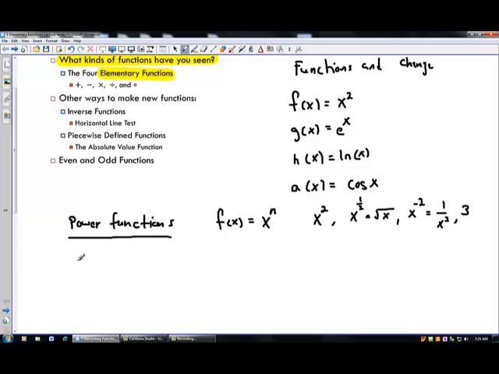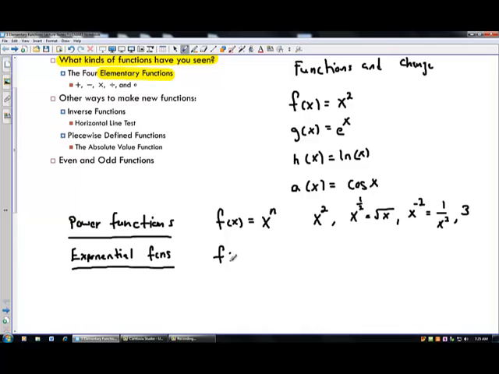The next type of elementary function is called exponential functions. Let's just write f for functions.